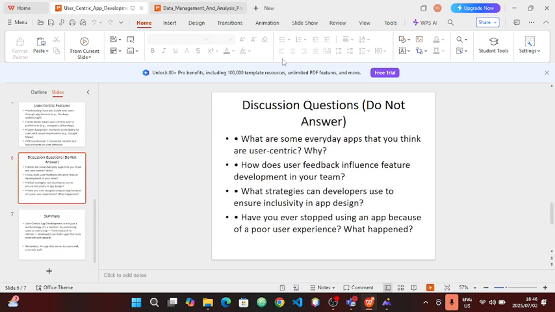So here, these are the questions for user-centric app development, right? Our first question is: what are some everyday apps that you think are user-centric and why?